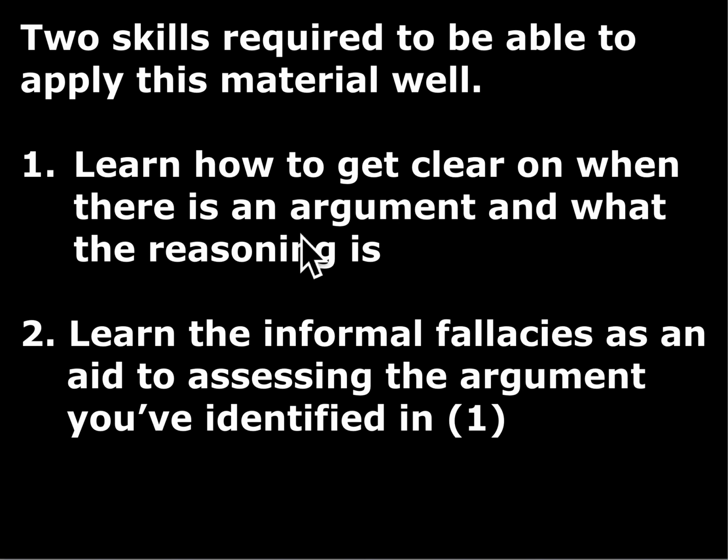That means it's a little bit misleading to call chapter 5 just informal fallacies. It makes us seem as though we're just focusing on this part of the process. But as you'll see as we go through, a lot of what you're going to be learning how to do is just identifying what is an argument, what is the reasoning behind what someone's saying. And then once you've figured that out, and it's not easy a lot of the time, then this part is actually relatively easy.